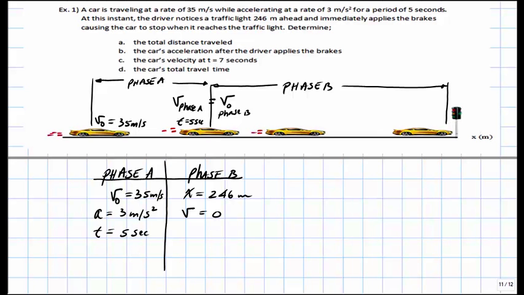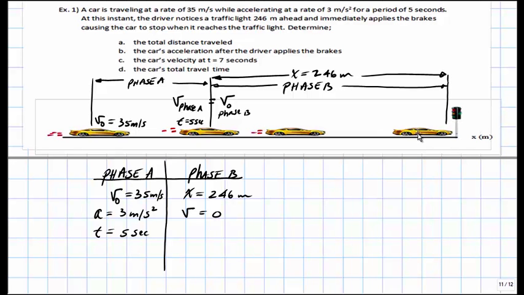We also know that the distance within phase B equals 246 meters. And finally, we know that the car comes to a stop at the end of its journey, so the final velocity at this location equals 0.